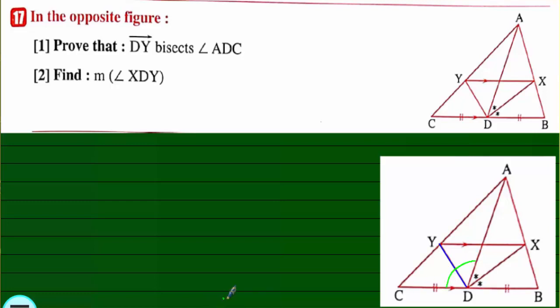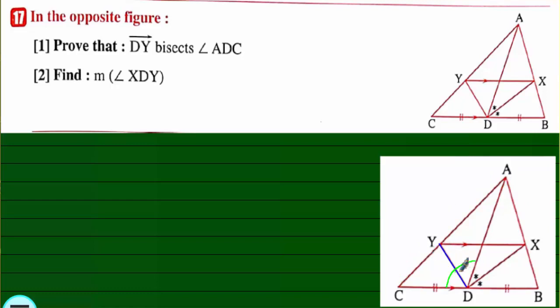Okay, so to prove that DY bisects angle ADC, we must find the relation between DC and DA, also AY and CY.